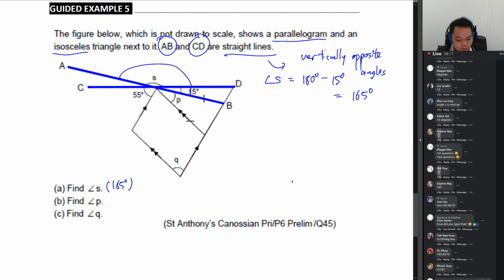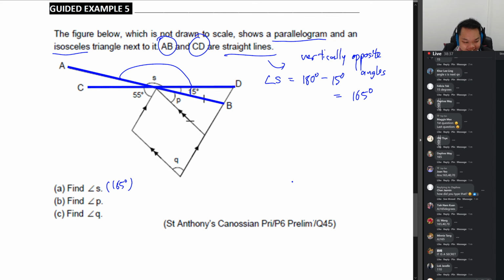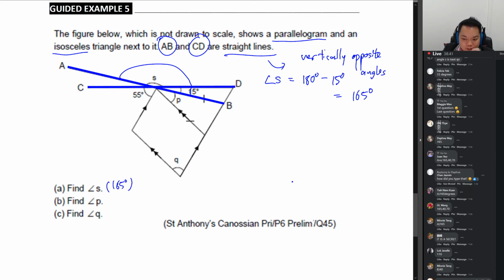Angle S is the easy one. Just get it out of the way first. Do you mind explaining your thought process? Because this one I think is a rather interesting question. It's a secret. 110 degrees. No, angle P and Q add up to 110 degrees.